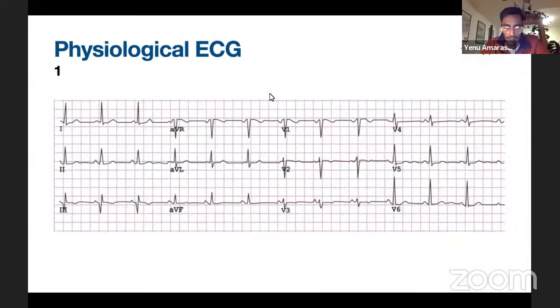So how I'll do it is I'll give you guys 30 seconds or so just to have a look at the ECG and see if you can present it to yourselves in a 1 to 5 manner. And then after, I will go through with you guys. Just before you start, I'll let you know that this is at 25 millimeters per second, so the speed at which it's recorded is okay.